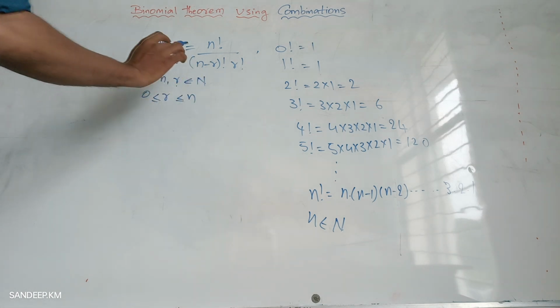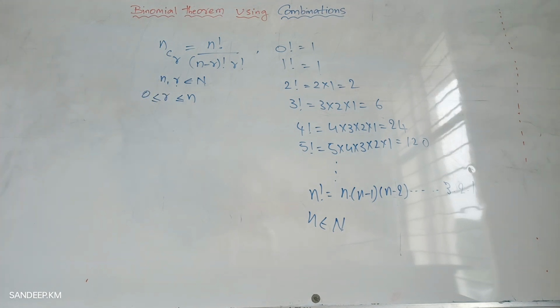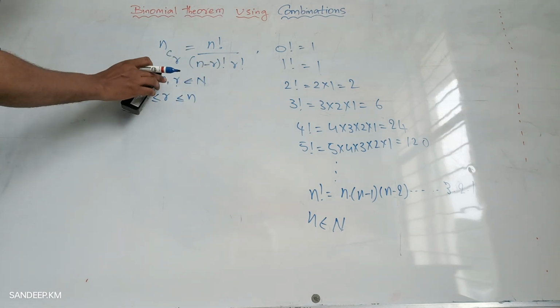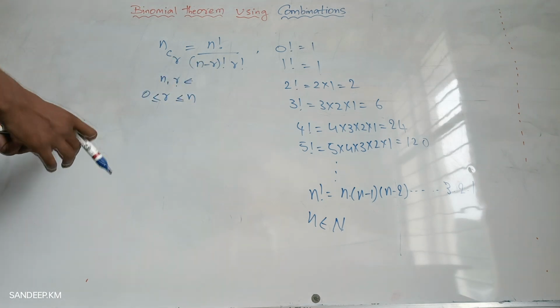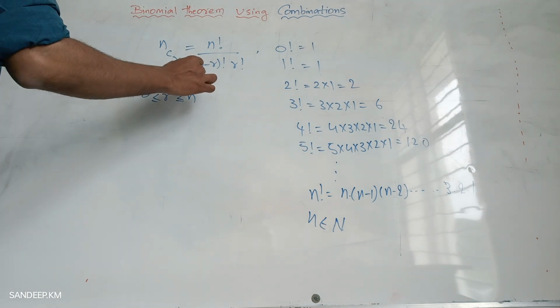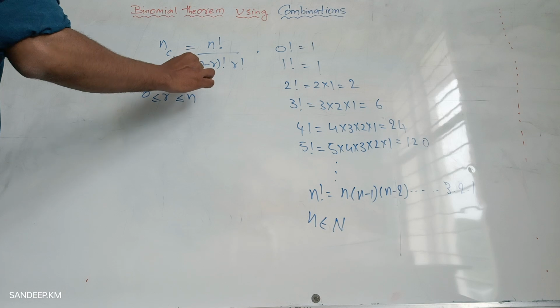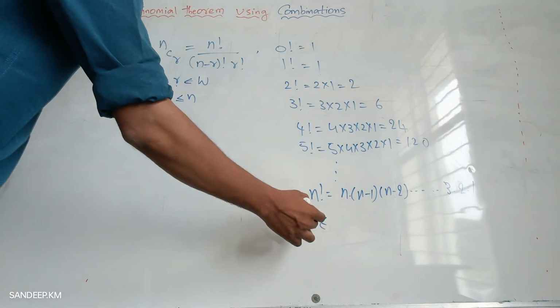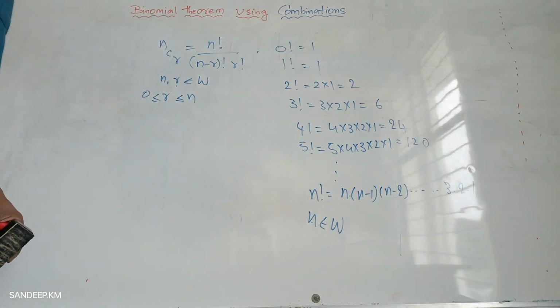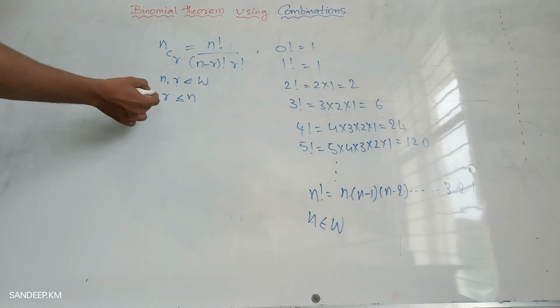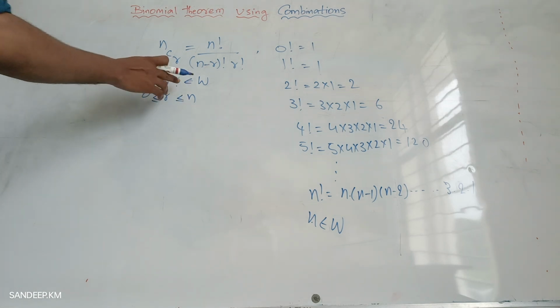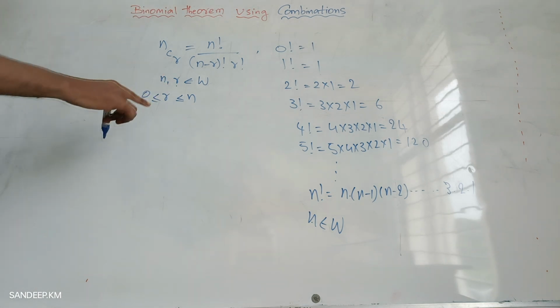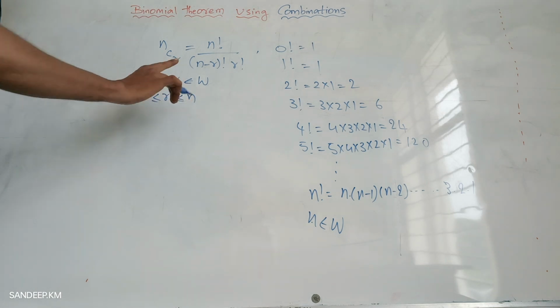Instead of saying natural numbers, let me say that they are whole numbers, or non-negative integers. Okay, now I'll write whole numbers. Here also I have to correct myself that n is a whole number, not a natural number, because we also have 0 factorial. Yes, fine. So r is between 0 and n, and r and n are whole numbers, and always remember that the r value should be less than or equal to n.